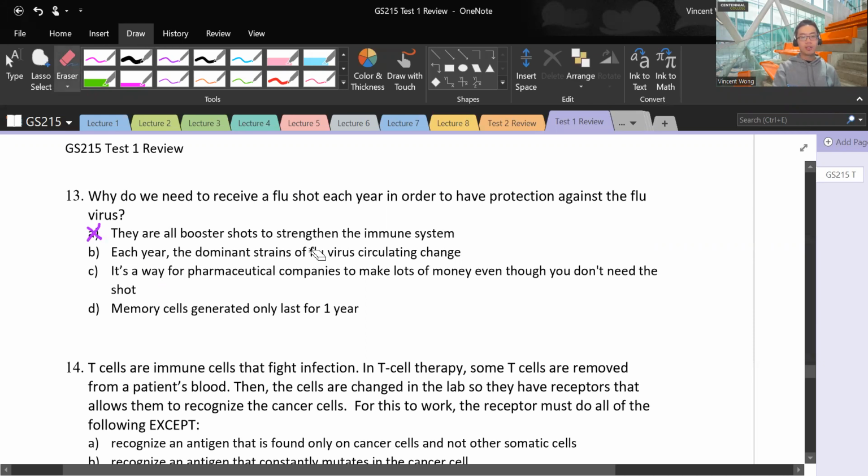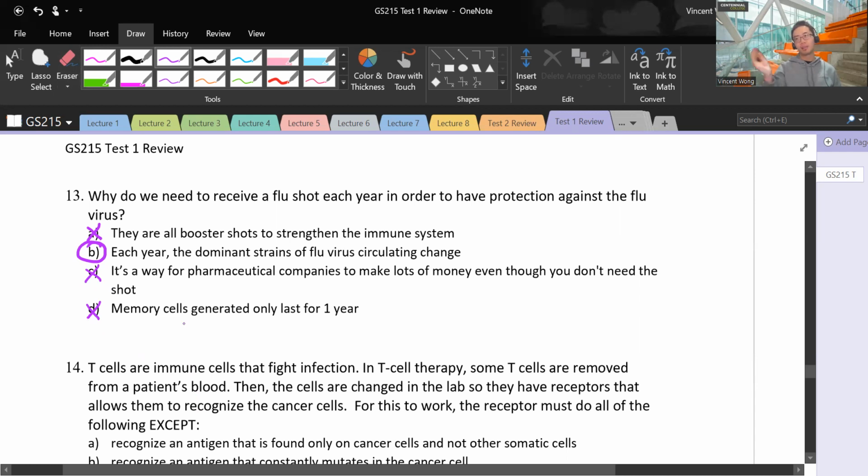Each year, the dominant strain of flu virus circulating changes. That's the right reason. It's a way for a pharmaceutical company to make lots of money. Certainly, that's what some people think, like a conspiracy or something, but that's not the reason. Memory cells generated will last for a lifetime, not just 1 year.